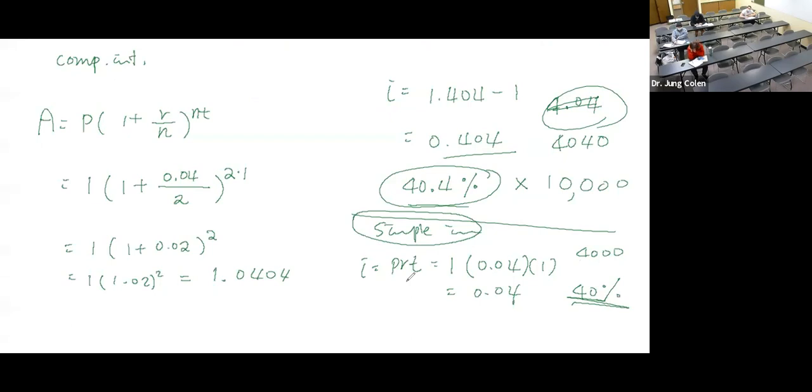Let me clear this up. Okay, so let's look at the first one, 2% compounded quarterly. We know A is equal to P times 1 plus R over N to the NT. What is P? $1.